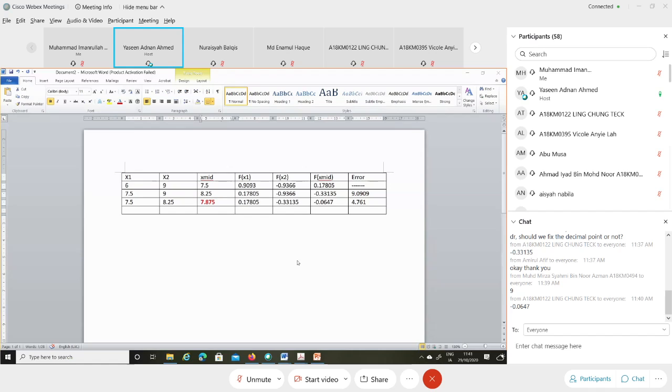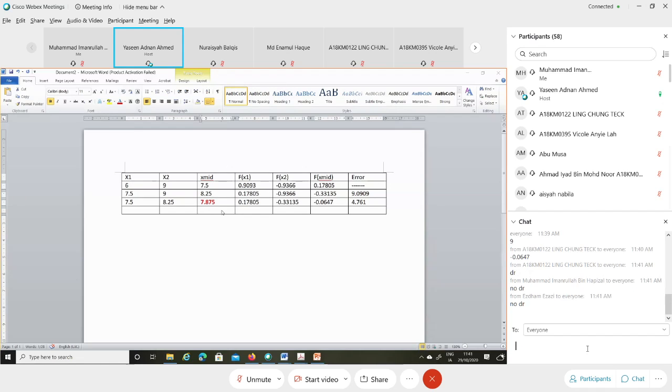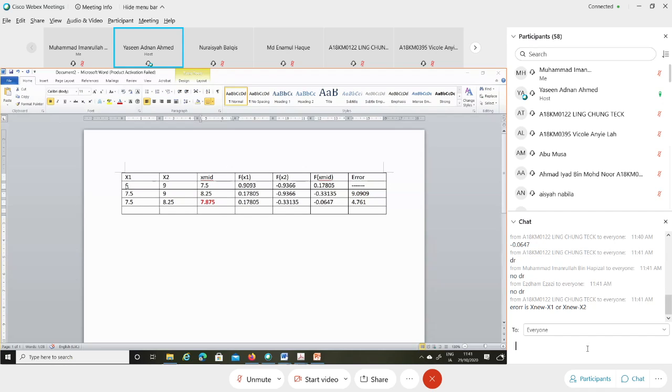Okay, any problem? So you have to write x root is equal to 7.875. So as I said, you can see only 3 steps, right? You can write the iteration number 0, 1, 2. Error is x new minus x1 or x2. Oh, so not x1 and x2.